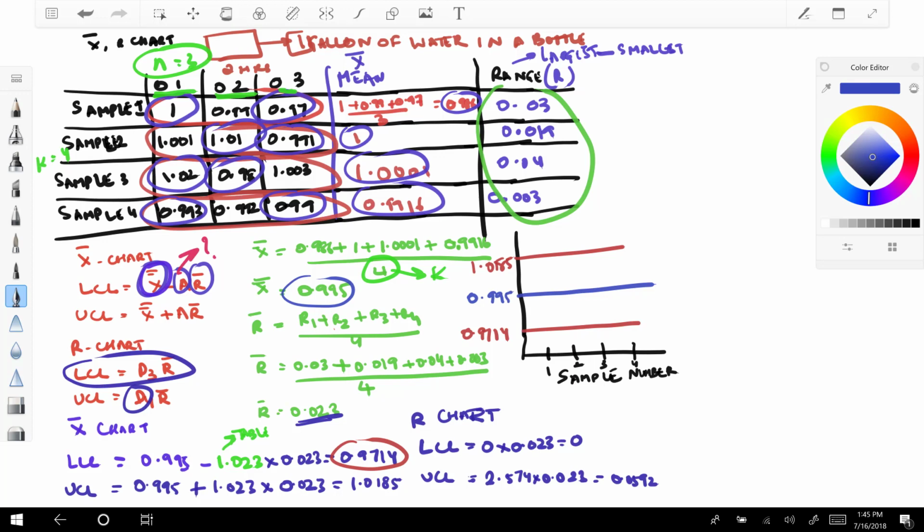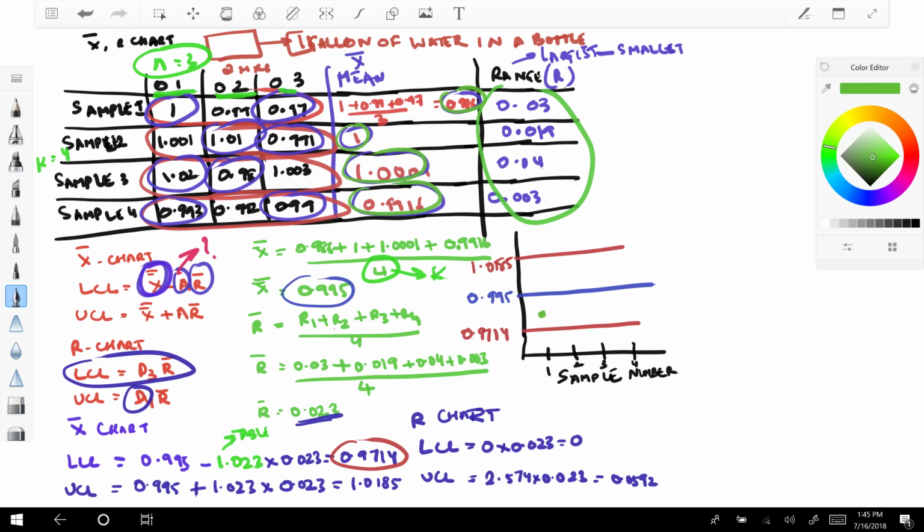So now I will plot each of these mean values in this diagram. The first one is 0.986, so that would lie somewhere here.